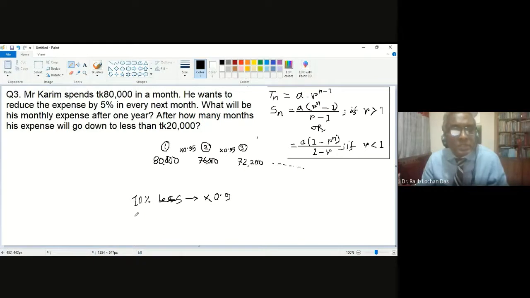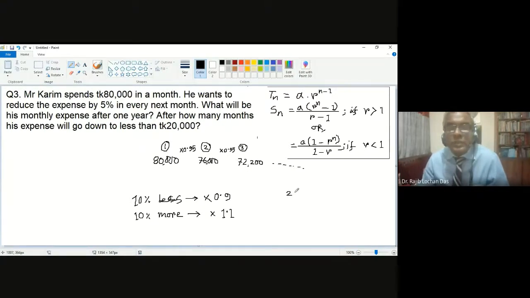If it is 10% more, then multiply by what? 1.1. Clear or not clear?